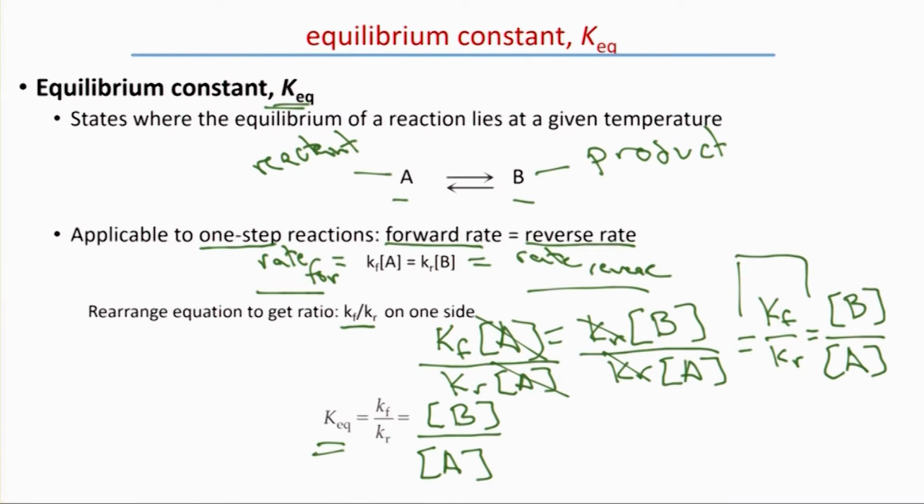So if it lies more to the product side, that means you have a higher concentration of B compared to A. So a big number divided by a smaller number, you would have a larger K equilibrium constant. So if the value of K equilibrium is large, this tells us that the reaction lies to the right and it's product favored.